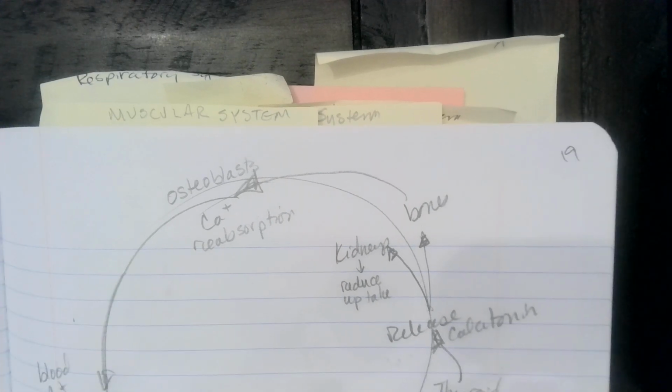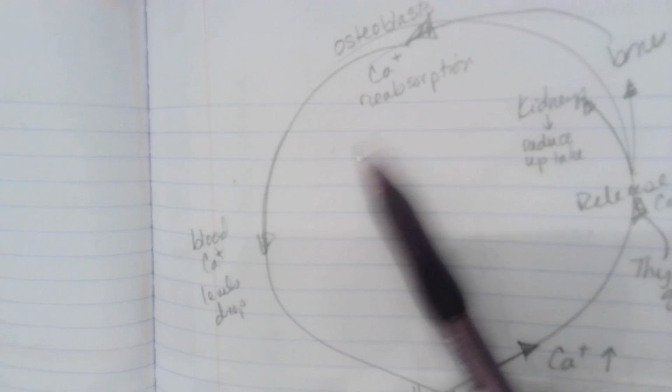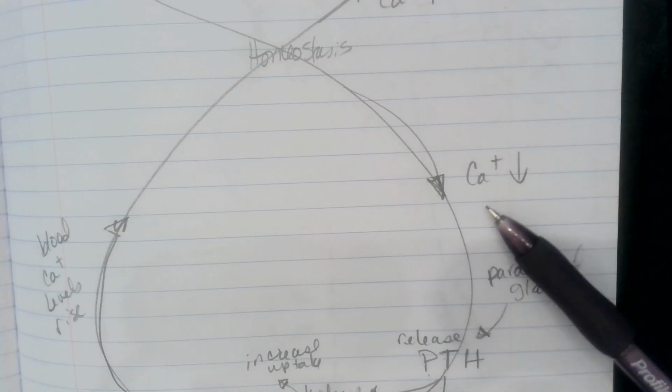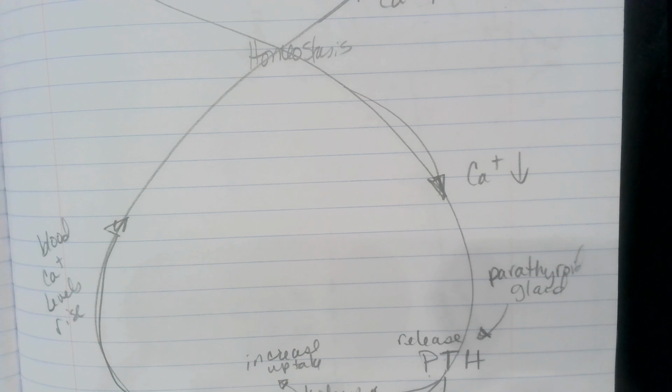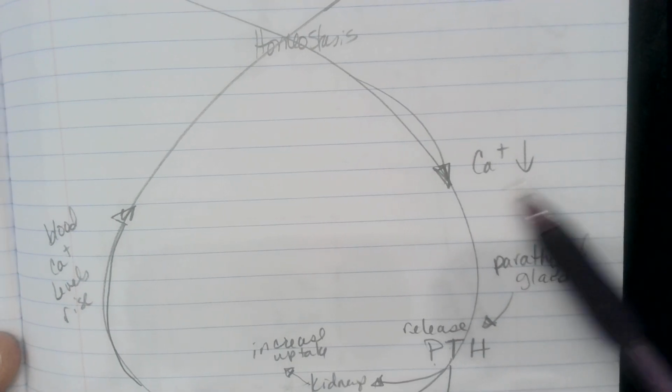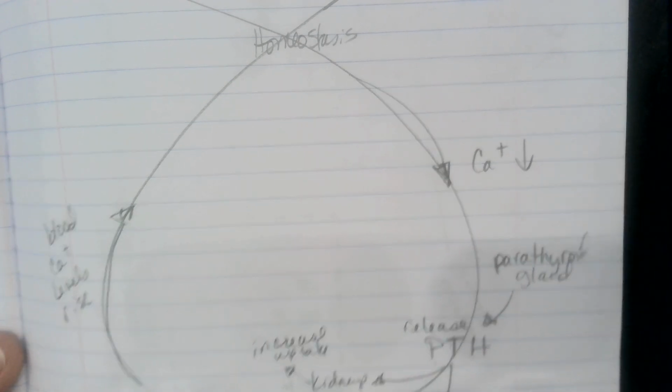Eventually that's going to lead to our blood calcium levels dropping, but we're not constantly eating. So in between meals, our calcium levels are going to drop, but we constantly need calcium for muscle contraction and part of our nervous system. We'll find that out. But at any rate, we constantly need a supply of calcium.